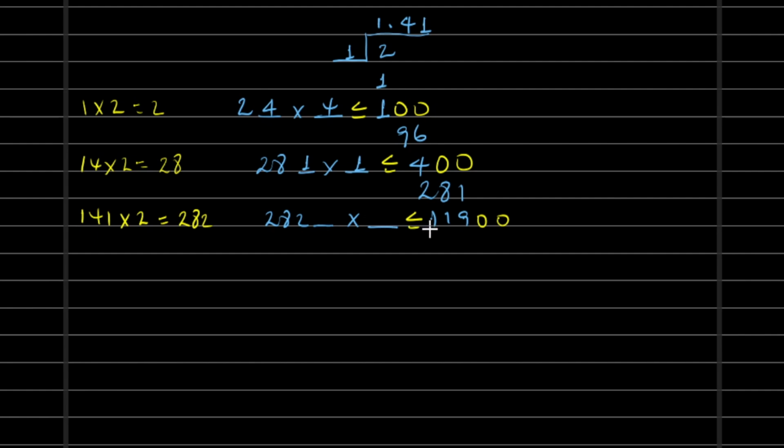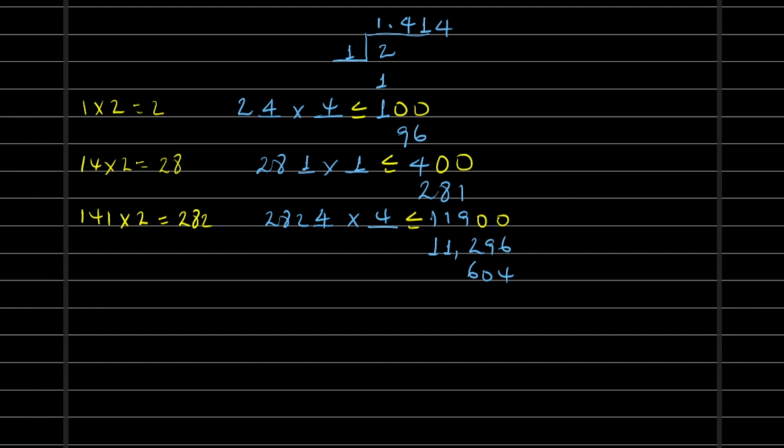So this number must be less than 11,900. So this number is 4. So it becomes 11,296. When we subtract, we get 604. The third digit is here, 4.